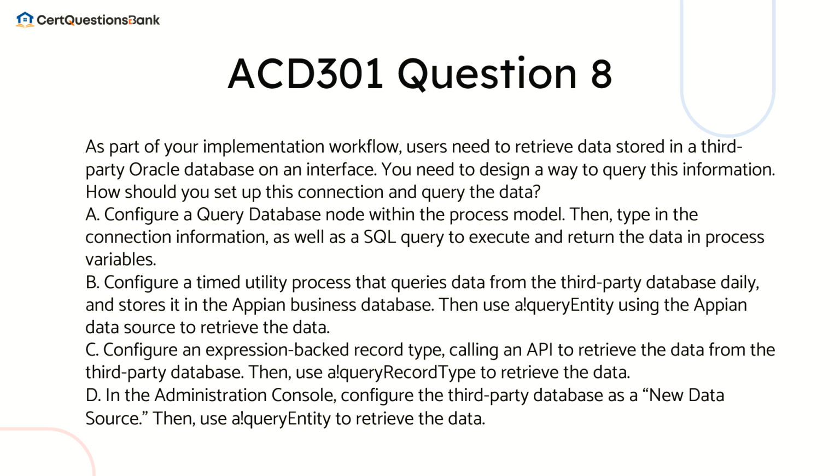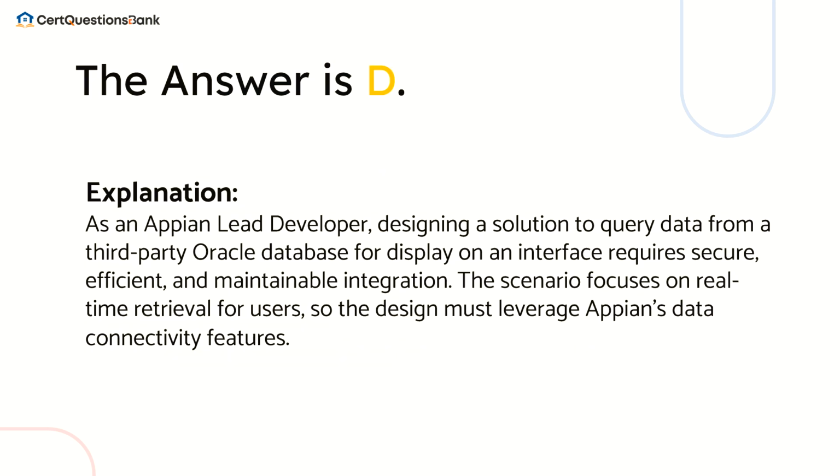C. Configure an expression-backed record type, calling an API to retrieve the data from the third-party database. Then, use a query record type to retrieve the data. D. In the administration console, configure the third-party database as a new data source. Then, use a query entity to retrieve the data. The answer is D.